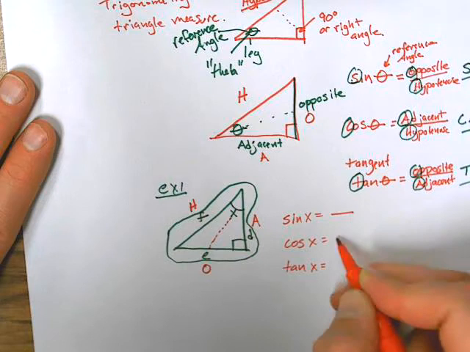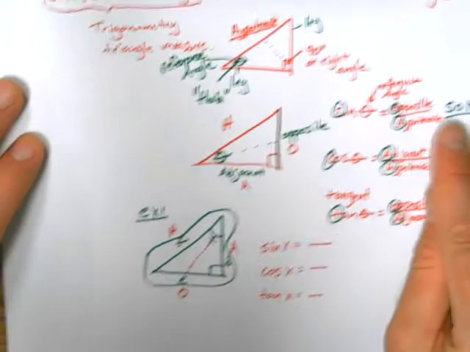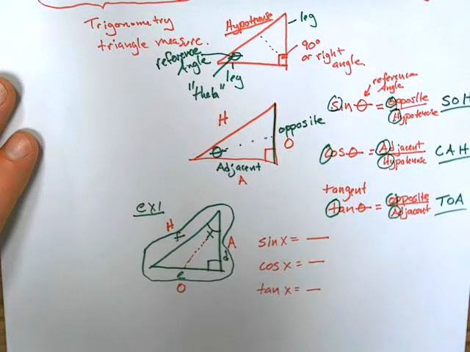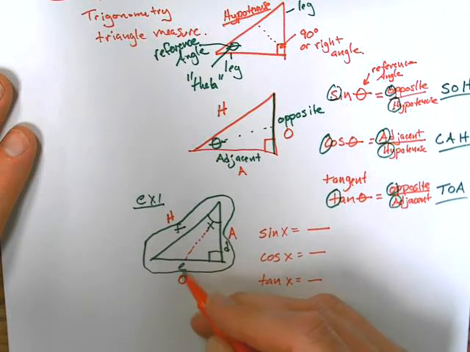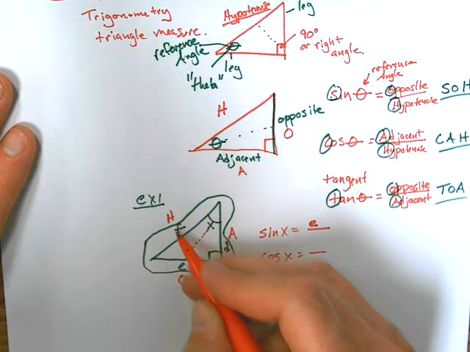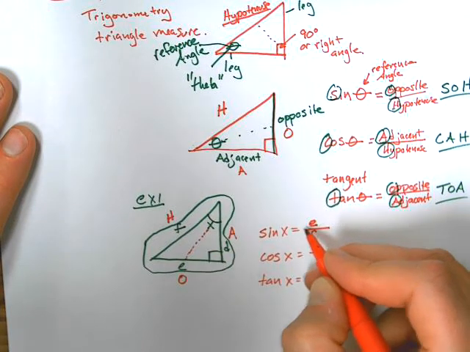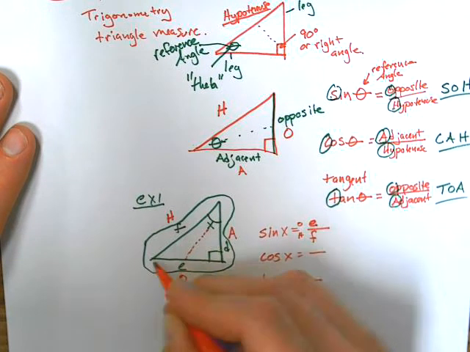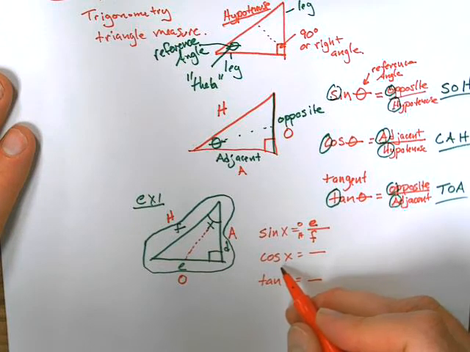Now sine, if you remember, is just opposite over hypotenuse. So in this problem, my opposite is over here, which means it's E. So that's my opposite, and hypotenuse, H, is the letter F. So if I was doing opposite over hypotenuse, it's really the side E over F. For cosine, I remember that's CAH.